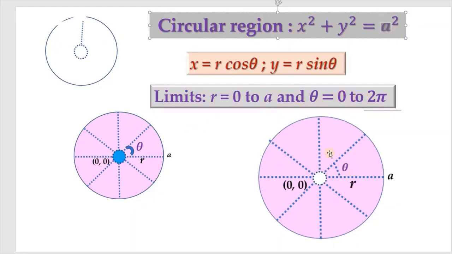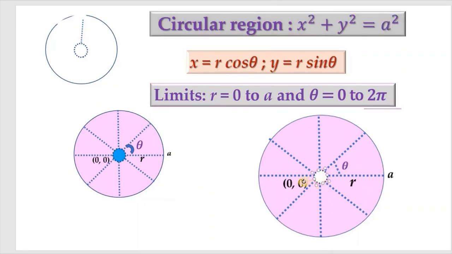And theta, to cover the entire region, will make one full round, so theta should range from 0 to 2 pi.